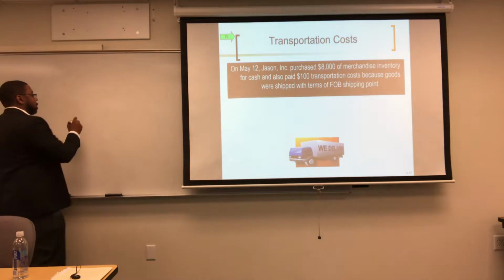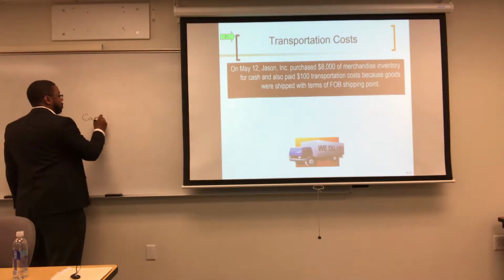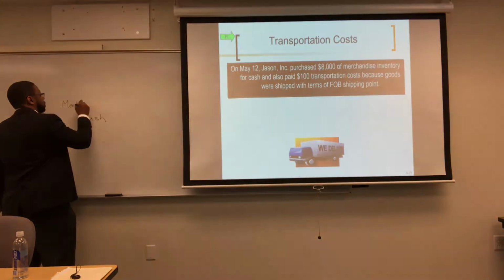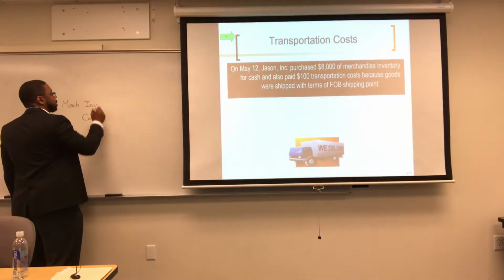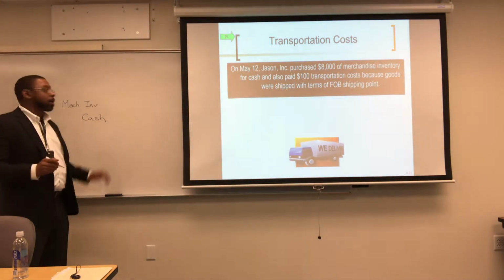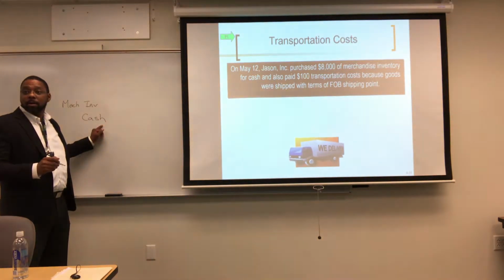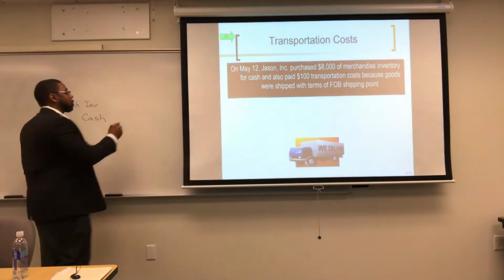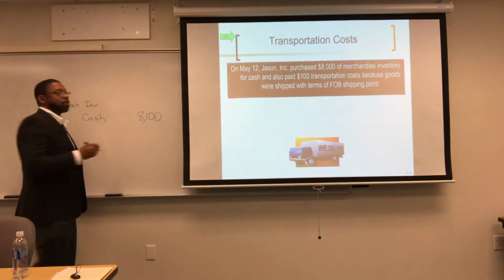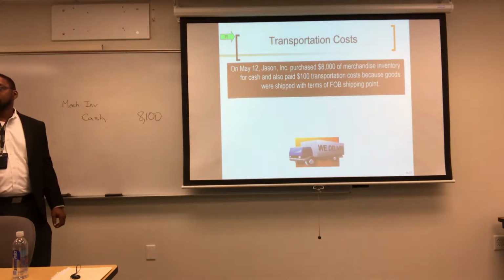Yeah. So we have cash, we have merchandise inventory. We're going to debit it for how much? How much are we crediting in cash for? $8,100. Fantastic. How much are we debiting merchandise inventory for? 8,000 or 8,100?